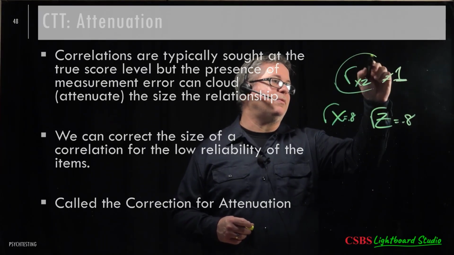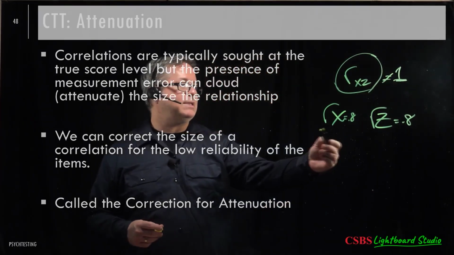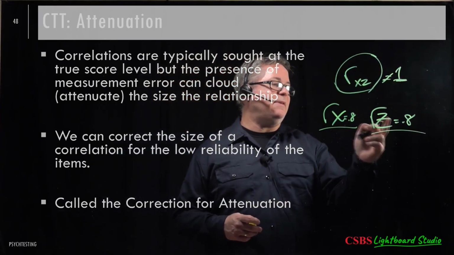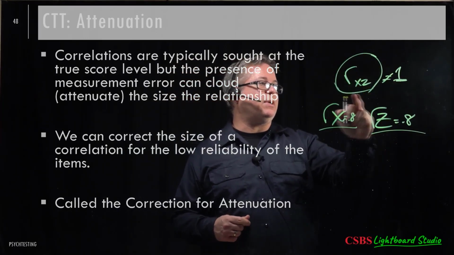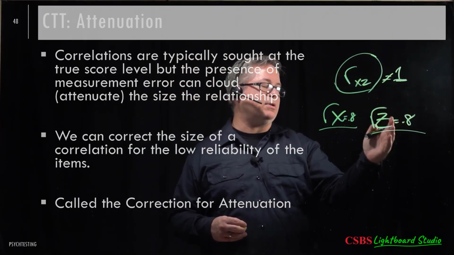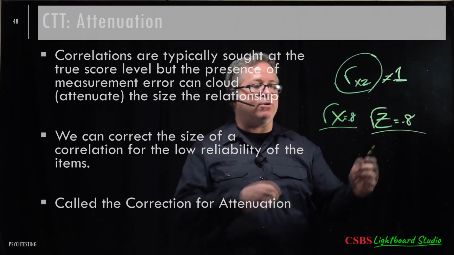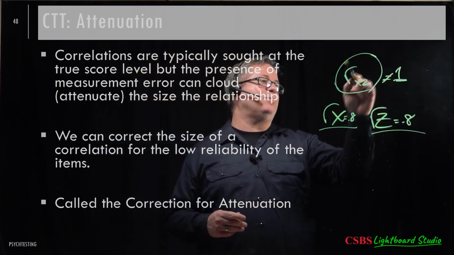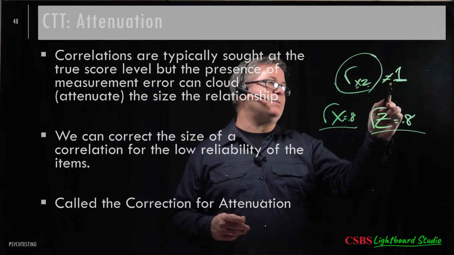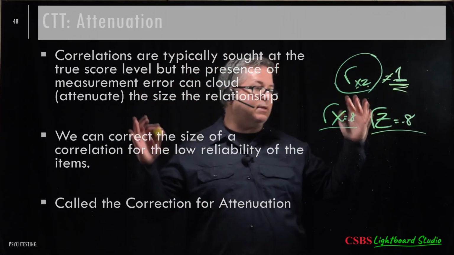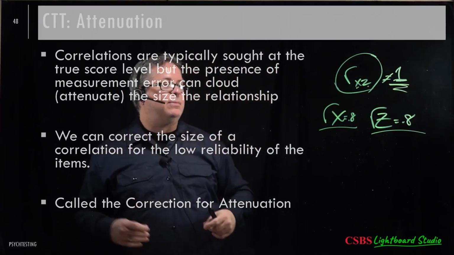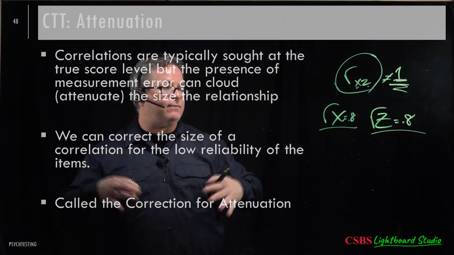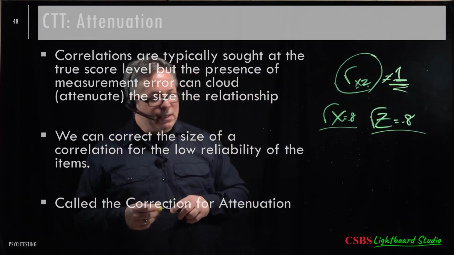It's never going to be perfectly related. There's noise here, there's noise there. Even if they're perfectly related, it's never going to come out to that, because the reliabilities are introducing error into each of the items. So I can't ever correlate X and Z together and get something close to 1. The correlation is being attenuated because of the presence of measurement error.